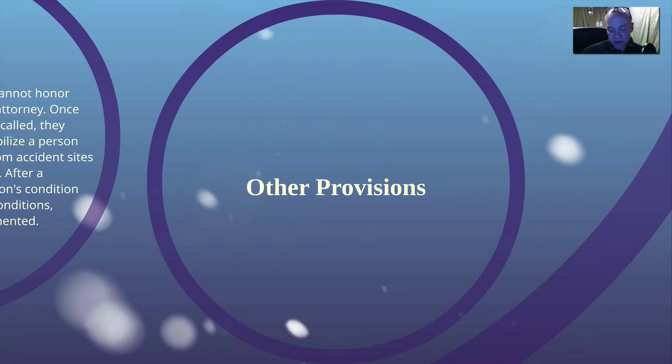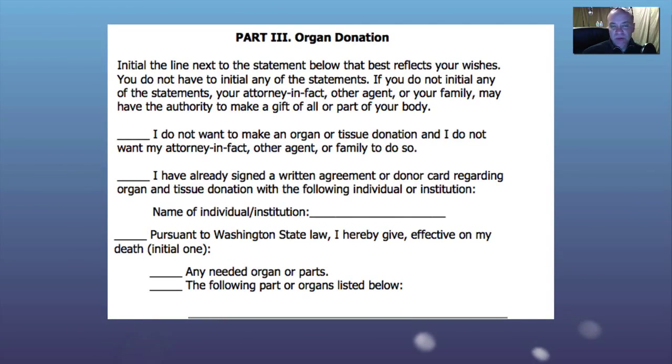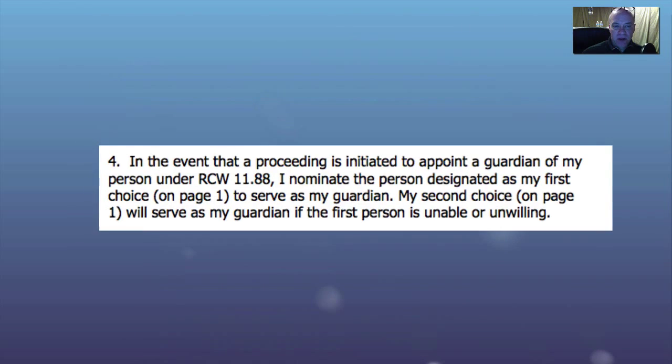And here I just thought I would spend the last part of the video talking about other provisions that we will include for you, some examples. You can absolutely indicate how you want your organs handled after death. If you want to donate organ or tissue, you can and should put that into your advance directive. You can also appoint a guardian.